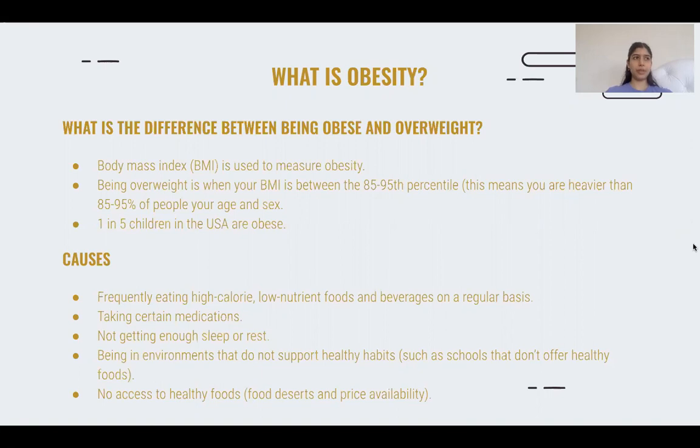So this could be if you attend a school that, like in the US, we have cafeterias that don't provide healthy lunch options, or maybe your family doesn't eat the healthiest of foods. And also the last point here, no access to healthy foods. There's a concept known as food deserts, which are prevalent in the US, which means there's really no access around you to whole foods. It's mostly processed.